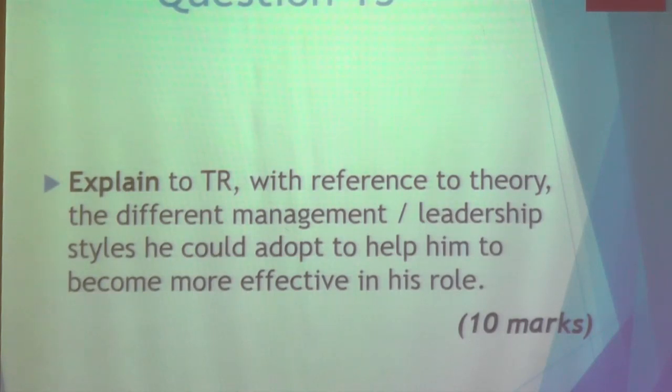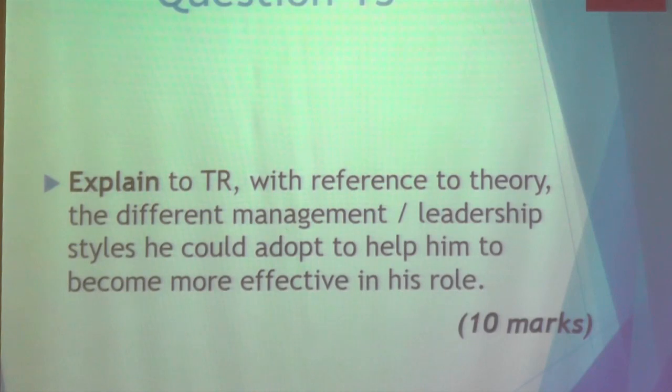So what you have to do is, for 10 marks, you try to pick, let's say, 3 or 4 leadership styles to explain the leadership style that he is using now. Maybe you can talk about the autocratic leadership style or the telling, selling one. And you can say this is what he is using and this is not effective. Why? Because of this.